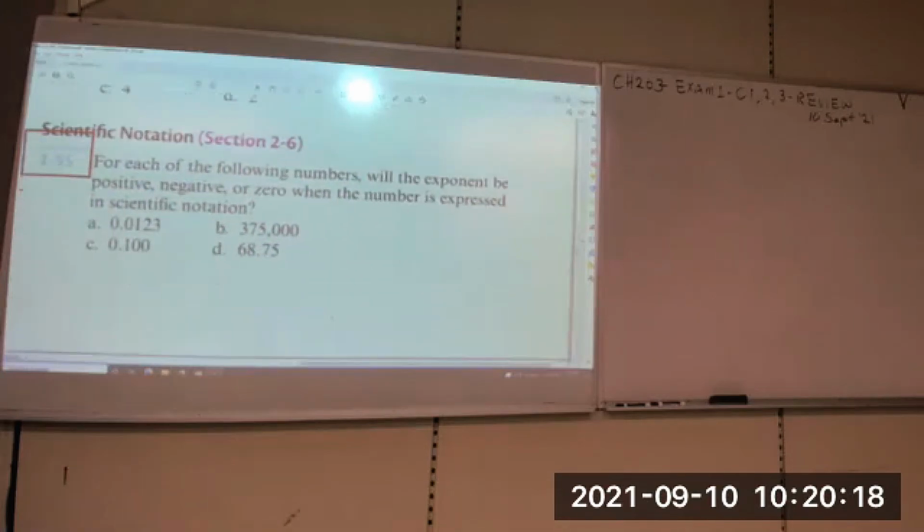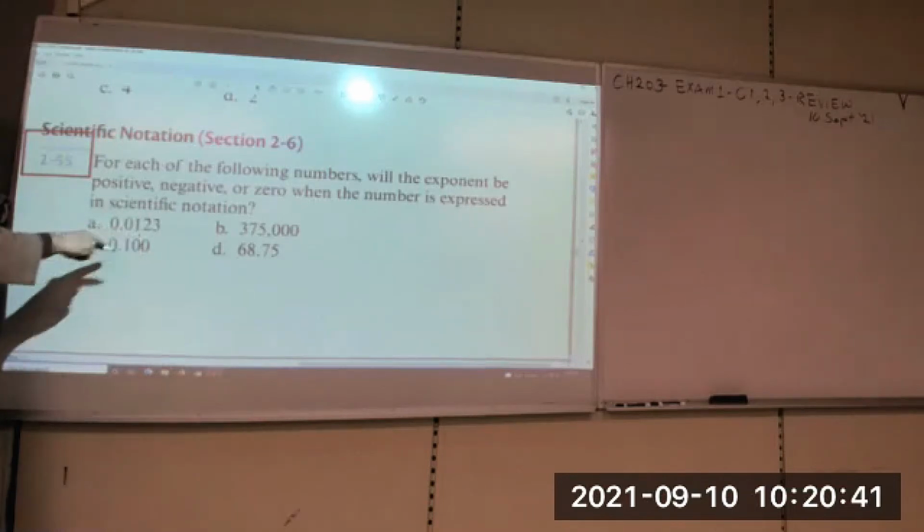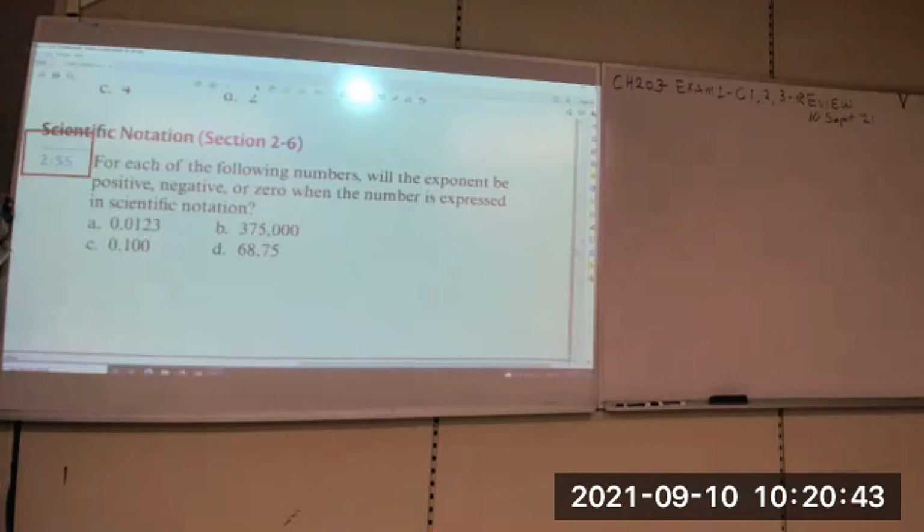Scientific notation. We're good there. Coefficient needs to be between 1 and 10. Right. And depending on which way the decimal moves determines the sign on the power of 10. If it moves, in this one, if you move to the right, 2, what's the sign on 10?